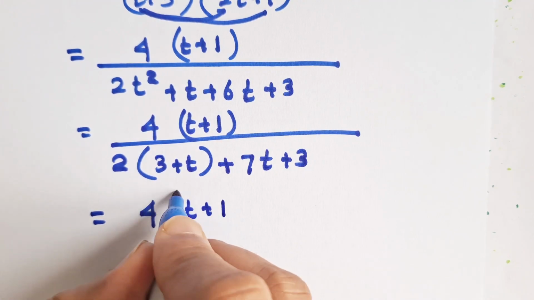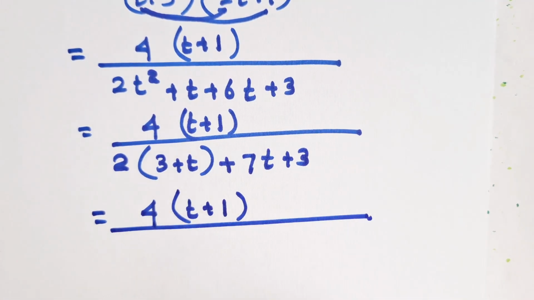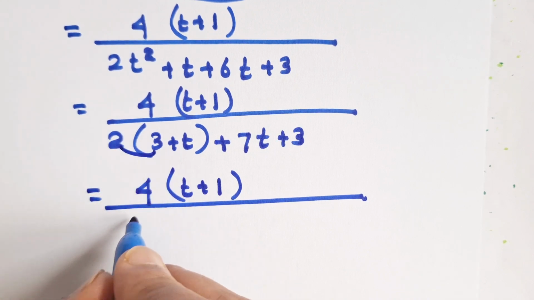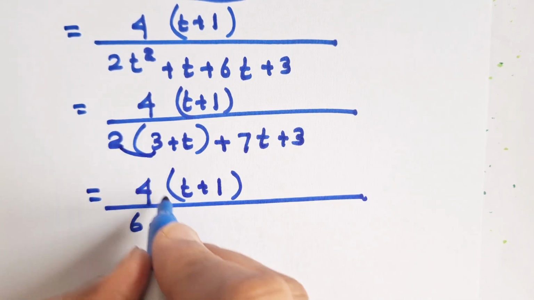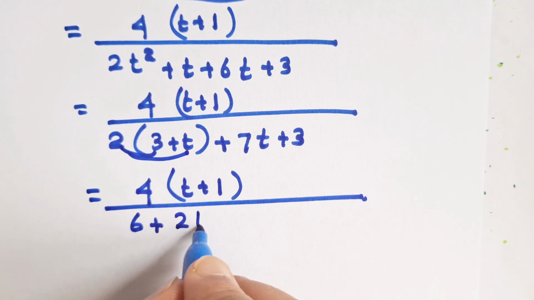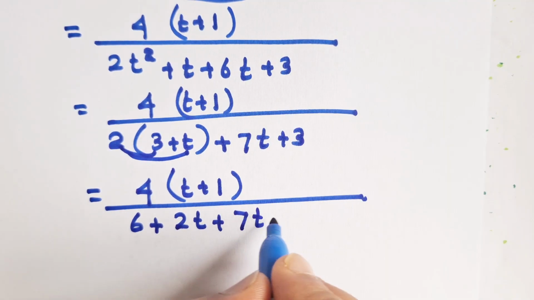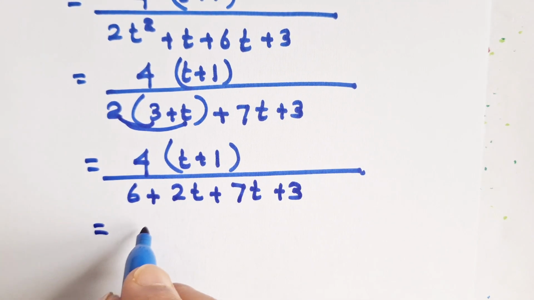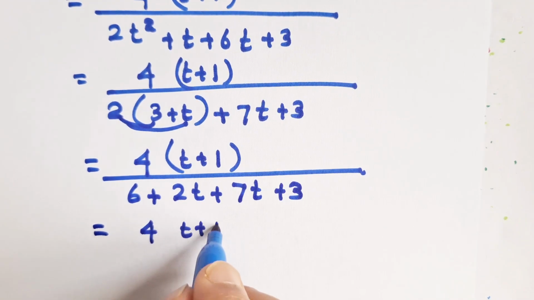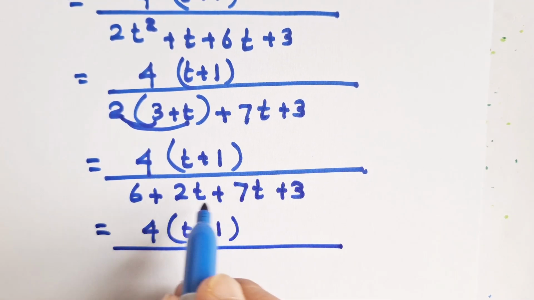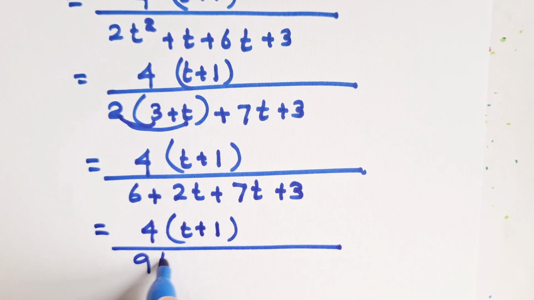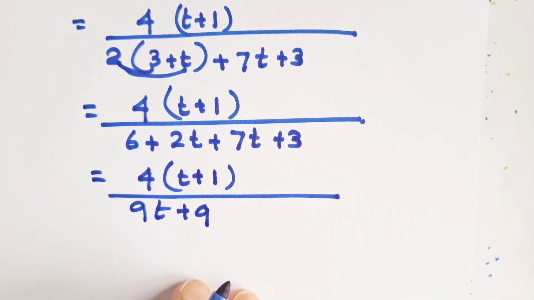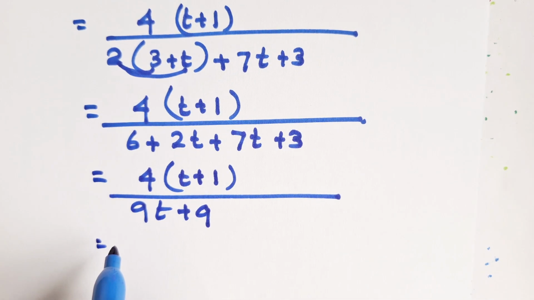Again 4 times (t plus 1). Now I'm going to simplify the denominator. Here we have 2 times 3 equal to 6 plus 2 times t plus 7 times t plus 3. Again 4 times (t plus 1). Here 2 times t plus 7 times t, 9 times t, plus 6 plus 3 equal to 9.